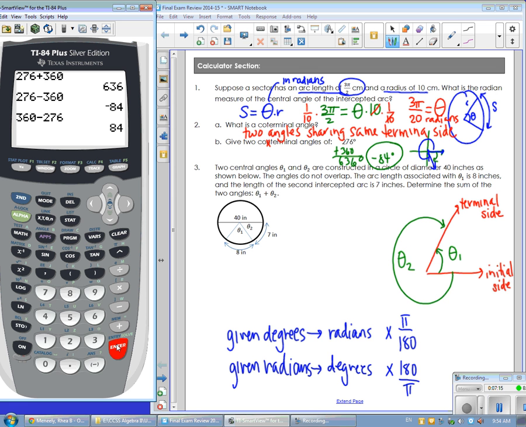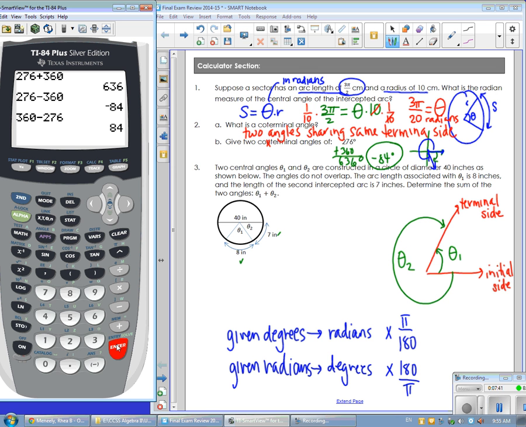So I constructed it so that the two angles are right next to each other, but you don't have to have them next to each other. I just think it makes the problem a lot easier to solve if you put the angles right next to each other. It says the angles do not overlap, which is important, and the arc length associated with theta 1 is 8 inches, and the arc length associated with theta 2, with the second intercepted arc, is 7 inches.